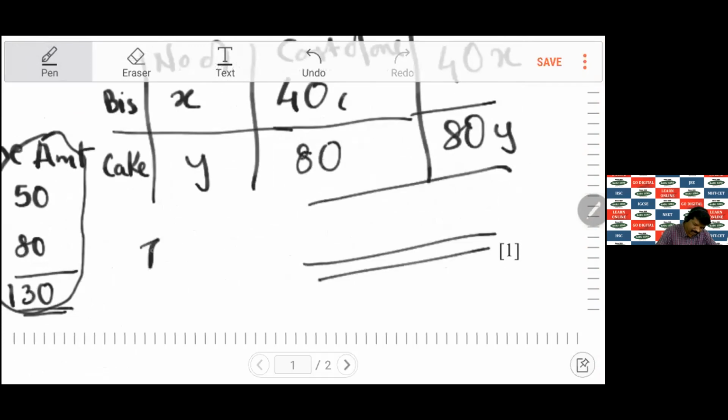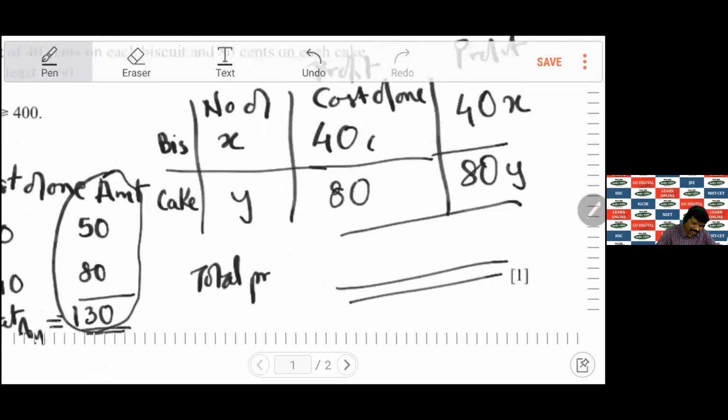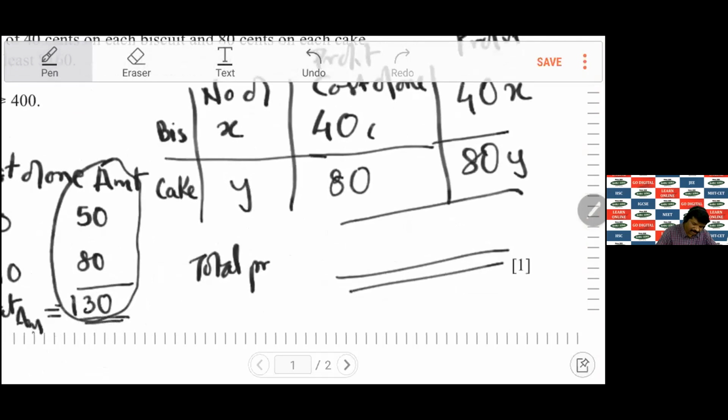Profit of biscuit plus profit of cake: 40x plus 80y. This is the total profit.